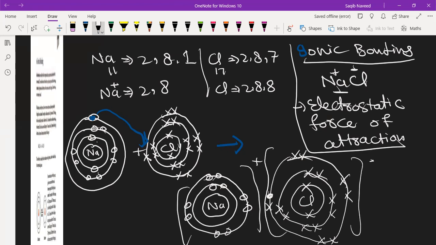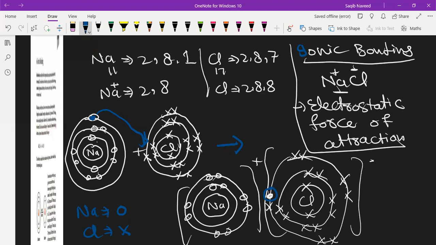The electrons of sodium are represented by circles, and the electrons of chlorine are represented by crosses. So it is called a dot and cross diagram. Electron has been transferred from sodium to chlorine.